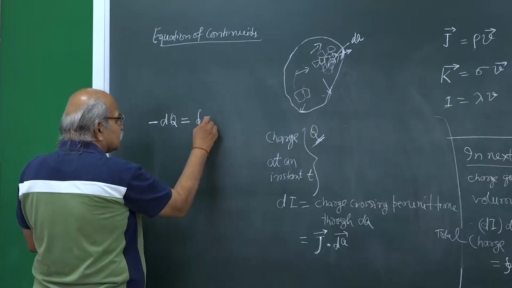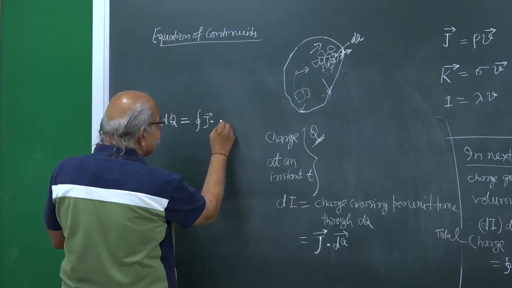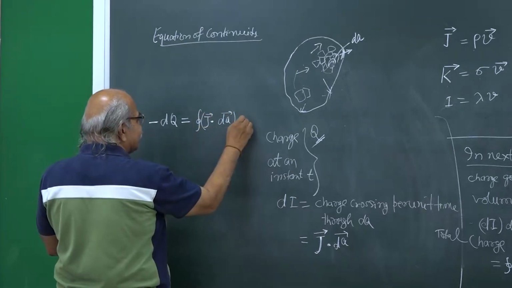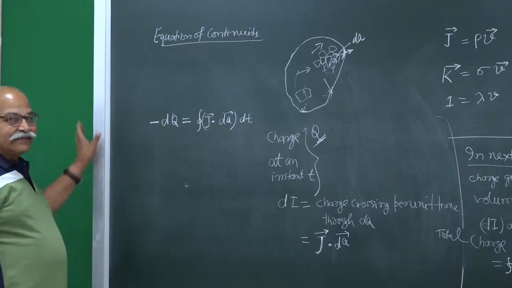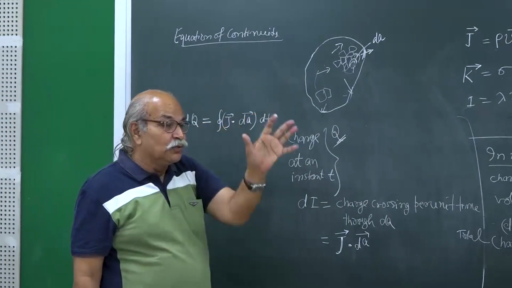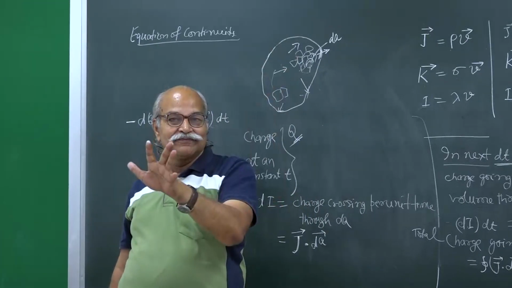The integral of J dot dA and then dt, that is the change in q. It becomes q plus dq.